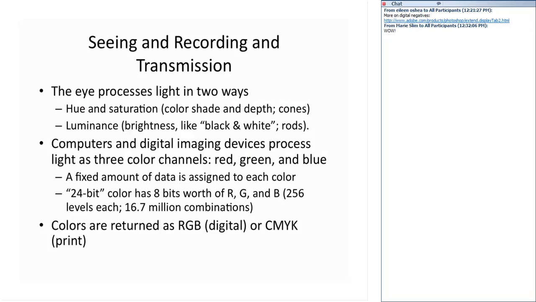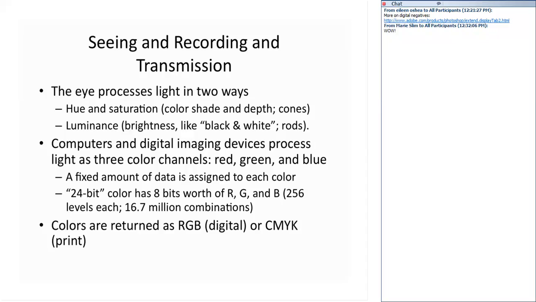The eye processes light in two ways. One is hue and saturation, so the cones in your eyes perceive color, shade, and depth, so light blue to very dark blue, for instance. And then the other way your eyes process color is with the rods, which perceive luminance, that is, how bright or how dim an image is. Computers and digital imaging devices don't see light that way.